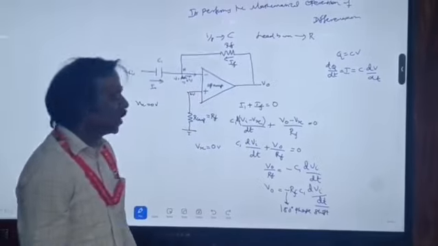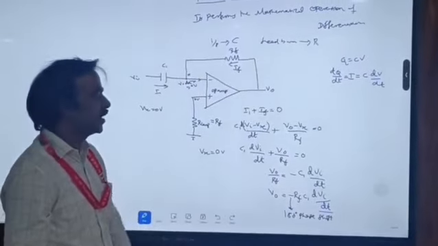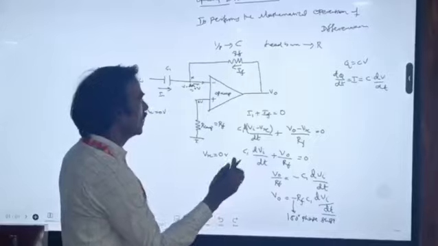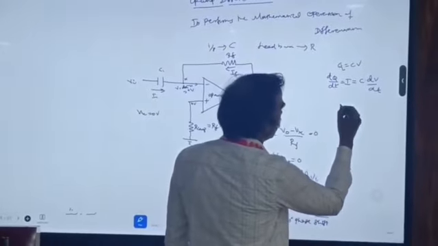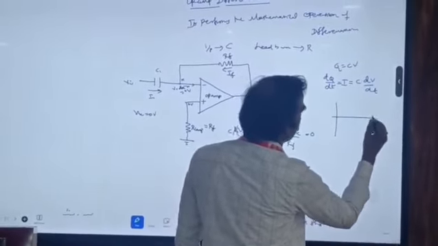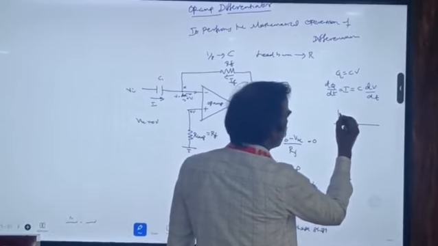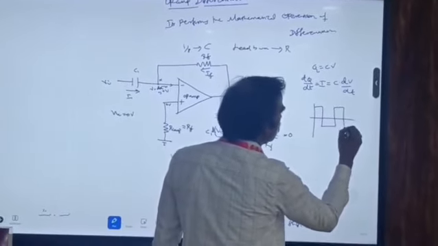Okay. So this is the complete output equation of the Opamp differentiator. For the output we can draw a waveform. For example, I'm giving a square waveform as an input.